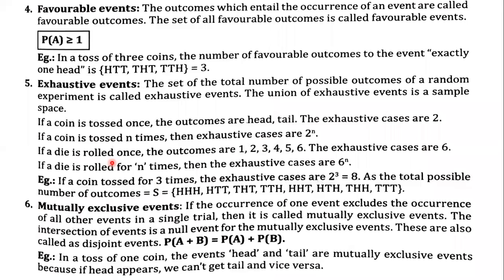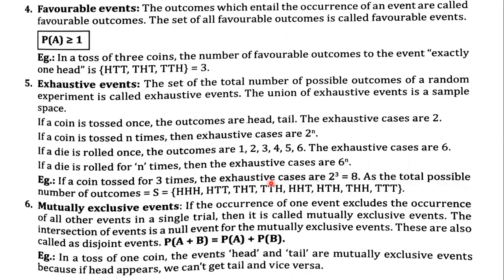Correct? If I roll it 2 times, I can get any 2 numbers between 1 and 6. First time I will roll, I will get 1 number. Second time I will roll, I will get a different number. Right? So if I roll it n times, then the number of cases will be 6 to the power n.